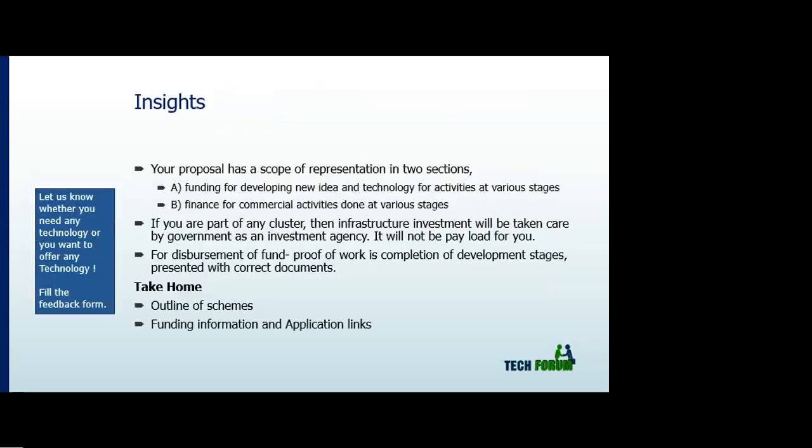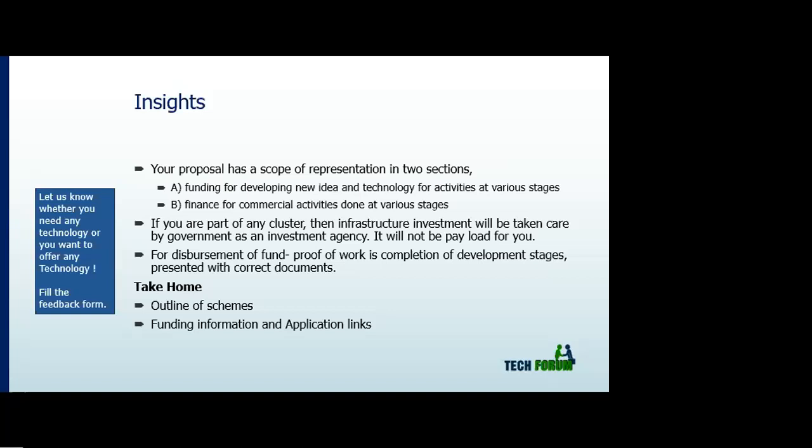Now, I already explained: new funding is for new development, new ideas, and technology. Your proposal should cover this information. As well, the same proposal can cover financing issues related to commercial activities. What are the commercial activities? How much money do you put in, or how is it happening?